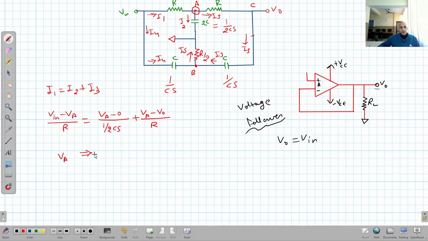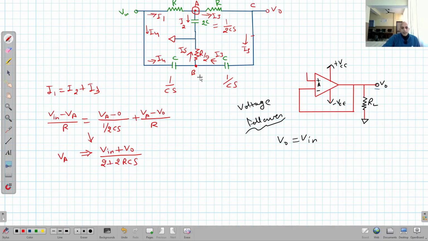It will simply become (V in plus V output) divided by (2 plus 2RCS). When you simplify this equation, you will get simply this. I'm not going into these steps.